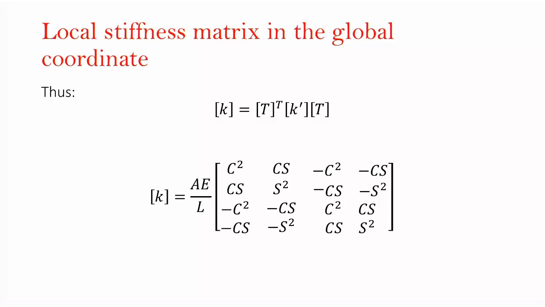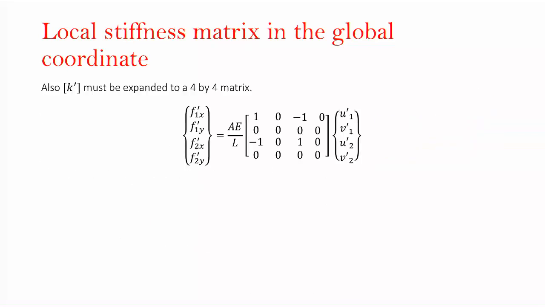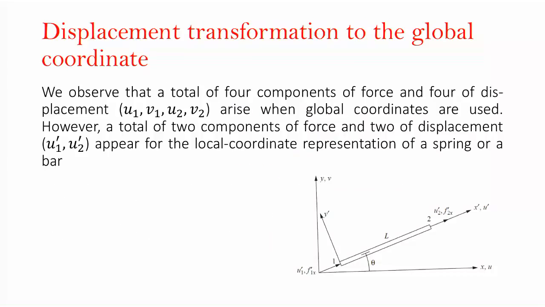So C stands for cosine of theta. Theta is the angle between the truss element and the x-axis in the global coordinate, and S stands for sine. So the important thing here is, if I go back to the figure, right here.